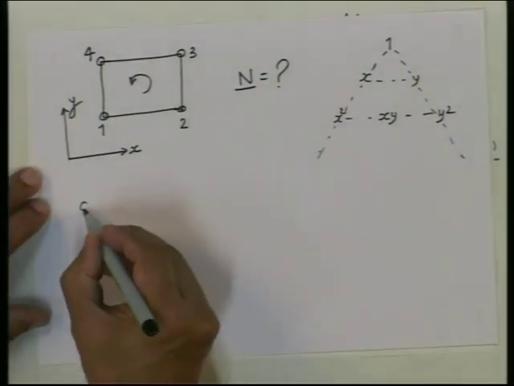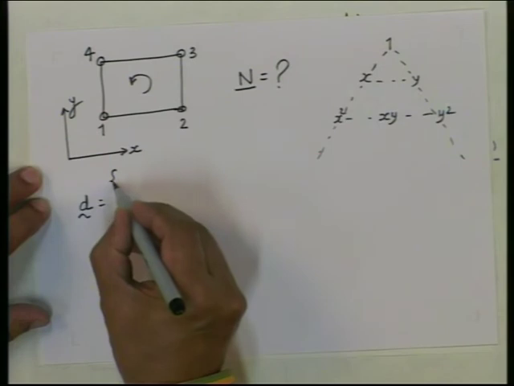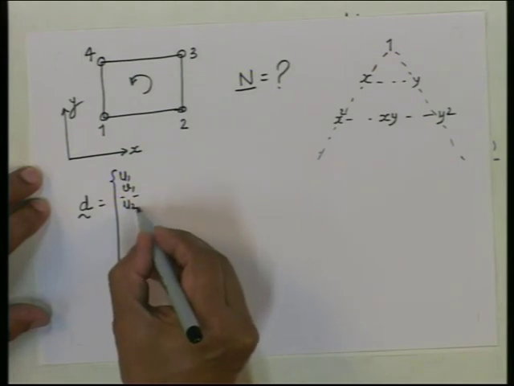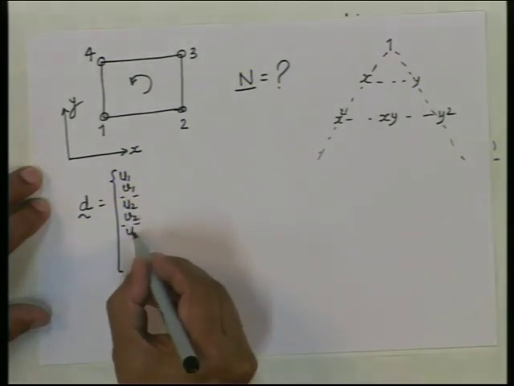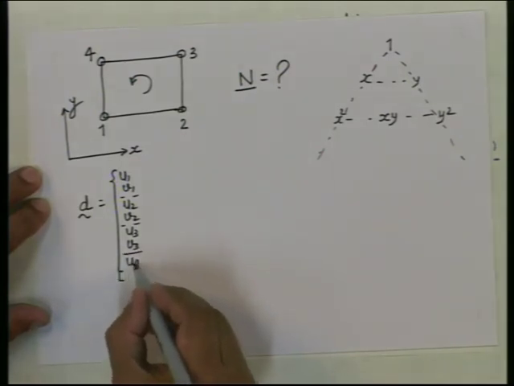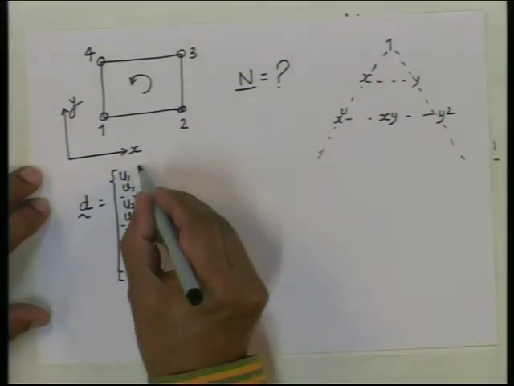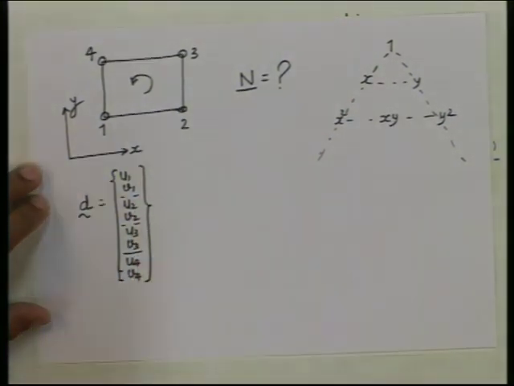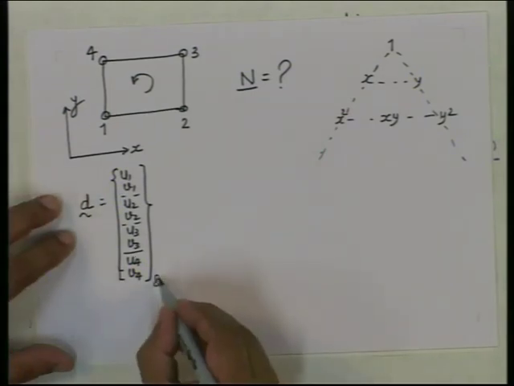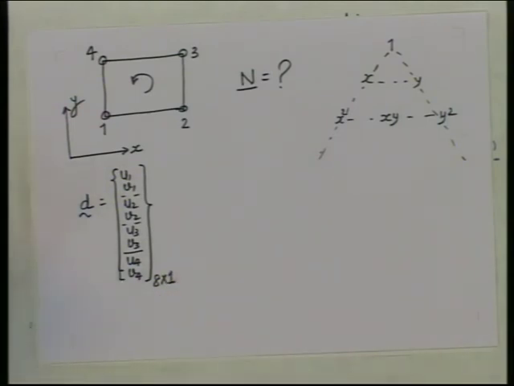D is now 8 by 1: U1 V1, U2 V2, U3 V3, U4 V4. How many degrees of freedom? There are 8 degrees of freedom, 4 nodes, each node having 2 degrees of freedom, U1, V1. So, the D vector will be like this.